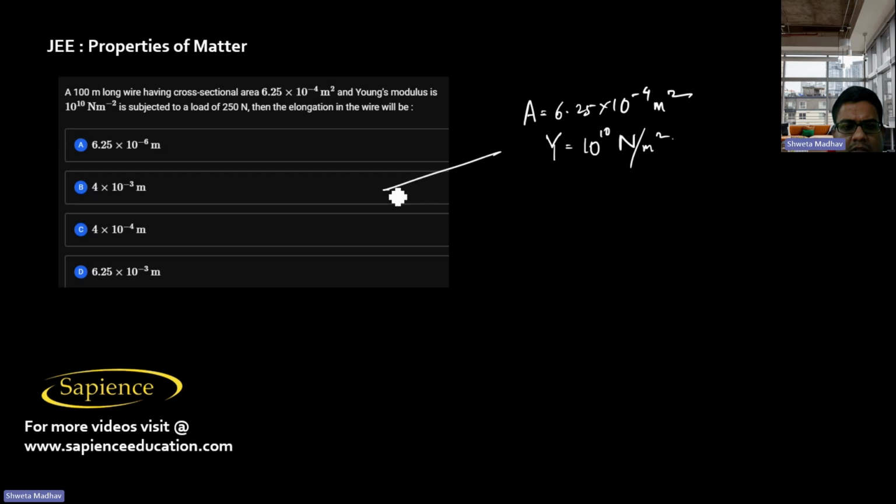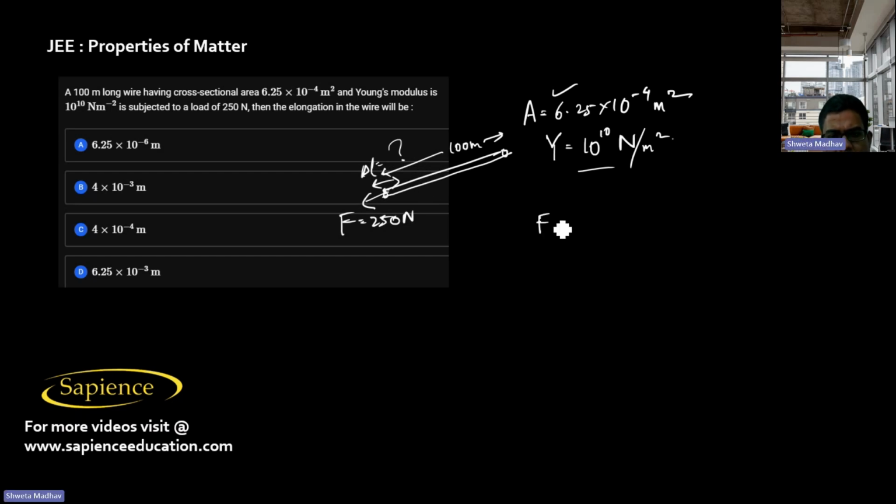So now there is a 100-meter long wire. The area of cross section is this, Young's modulus is this. So it is subjected to a load F, that is 250 Newton. Then the elongation in the wire, that is delta L, will be how much?